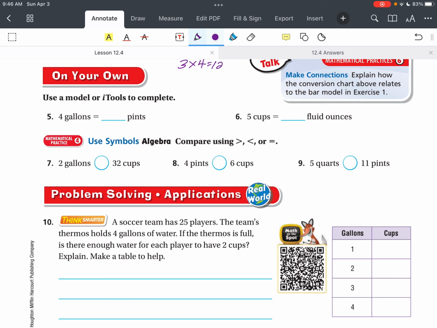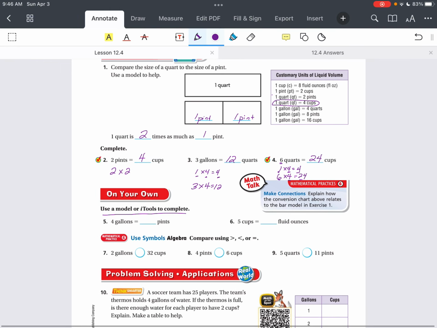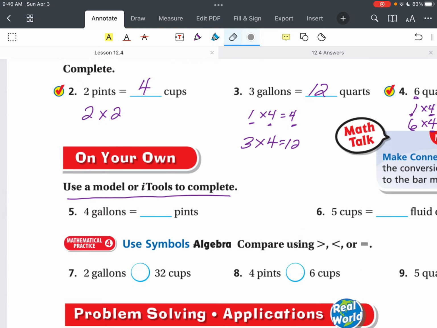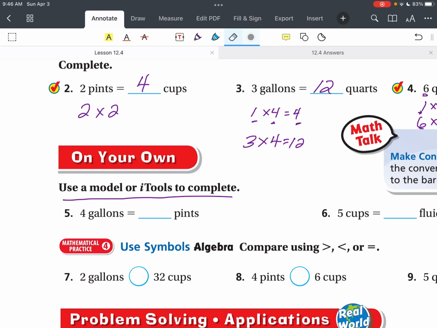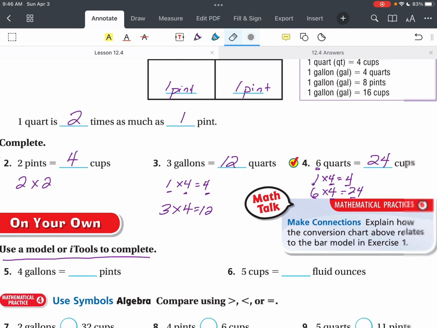All right, and then number 5 says use a model or iTool, and you can find iTools on the online GoMath site. It would be in your tools, or you can just use the chart here. That's what I'm going to use. So it says 4 gallons equals how many pints?